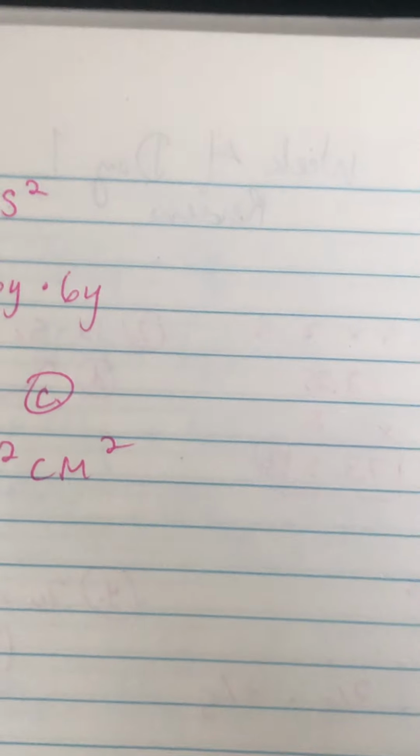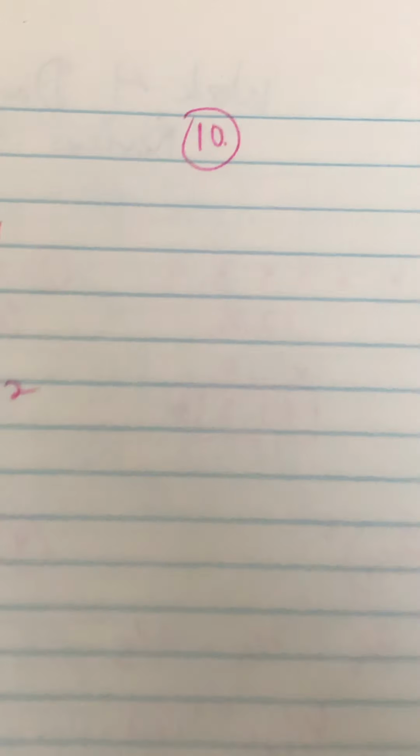Good job. All right. And number 10. We are just about done, family. Number 10. All right. So what is the value of the expression when A equals 4 5/10 and B equals -2? So we have to substitute the values.